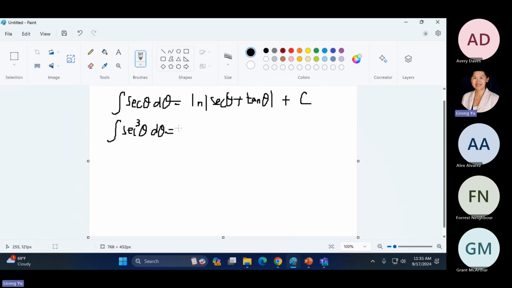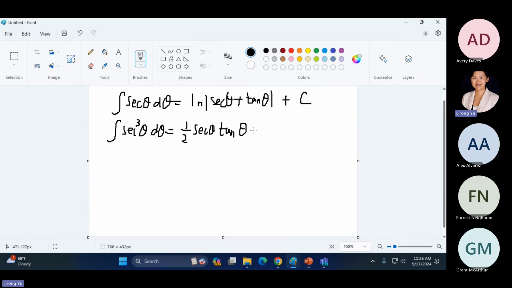With the integration by parts, we end up having another secant cubed on the right side, and we divided both sides of the integration by 2. So that's why the answer to this question is 1/2 secant of theta times tangent of theta. The multiplication of secant and tangent is caused by the integration by parts, because the integral of u dv equals u times v.